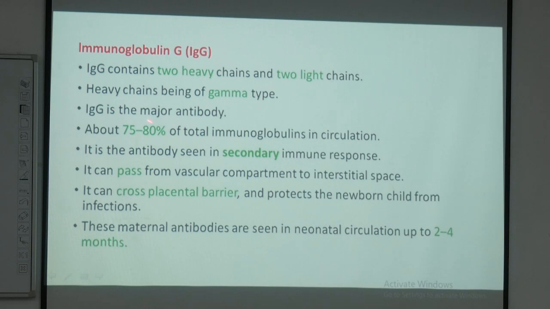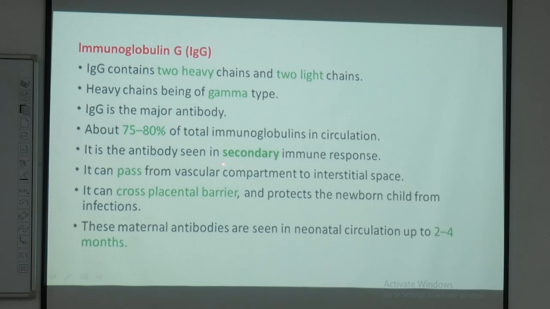So first we come to IgG. It has 2 heavy chains and 2 light chains. This is the major kind of antibody, about 80% of the total immunoglobulins.